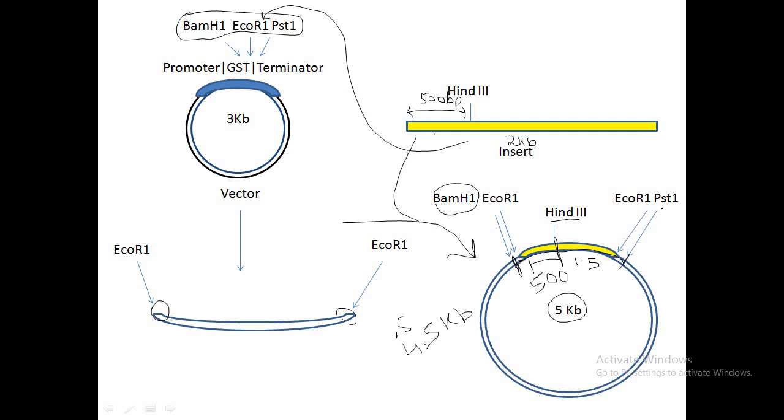So when you cleave with the mixture of PstI and HindIII, the digestion gives two different fragments: one of 1.5 kb, and the other, the longer part, of 3.5 kb. So 3.5 and 1.5 add up to a total of 5 kb.